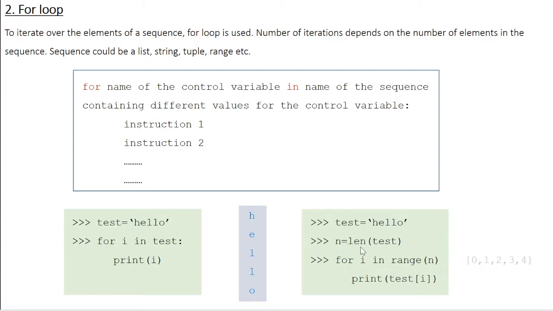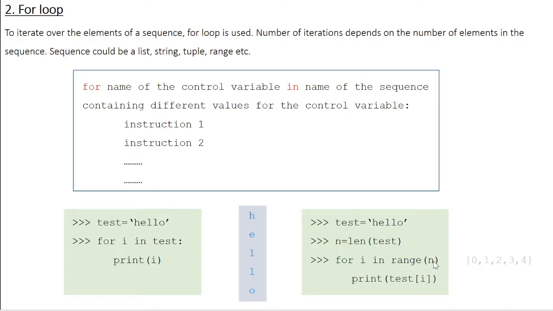Now I need to create a sequence or a list which contains n number of elements. So I can do that with for i in range(n). Even though I write it as range(n), you know what it means? This is going to be range(0, n, 1), because if you don't specify anything, the starting element is by default 0 and the default step size is always 1.